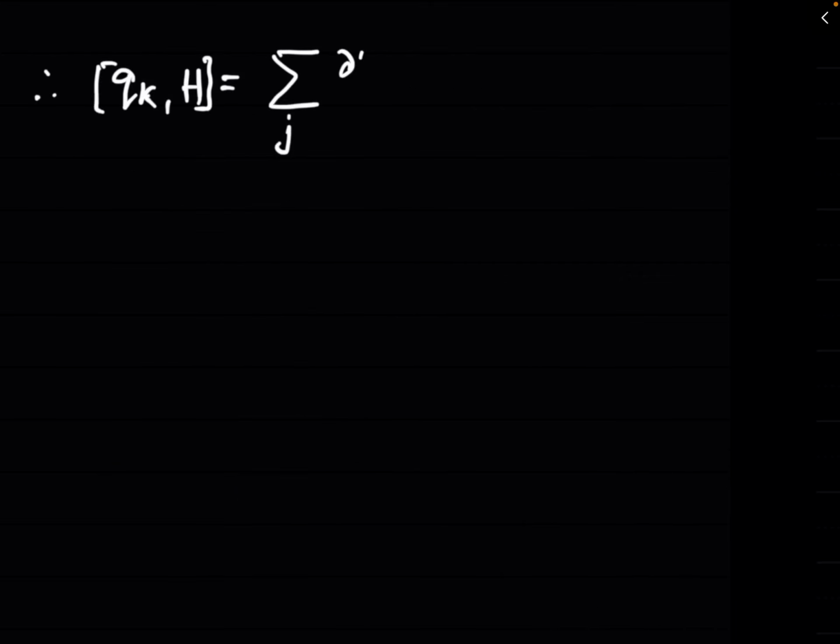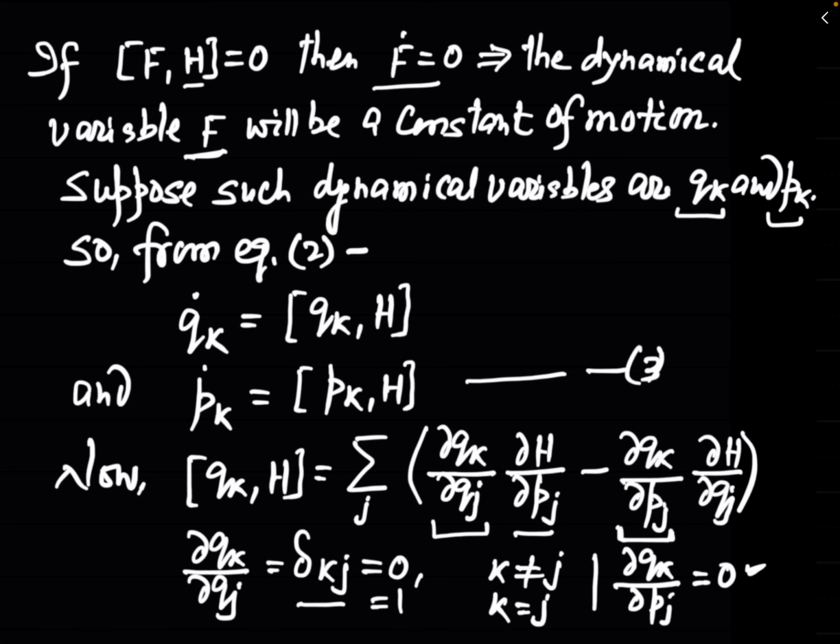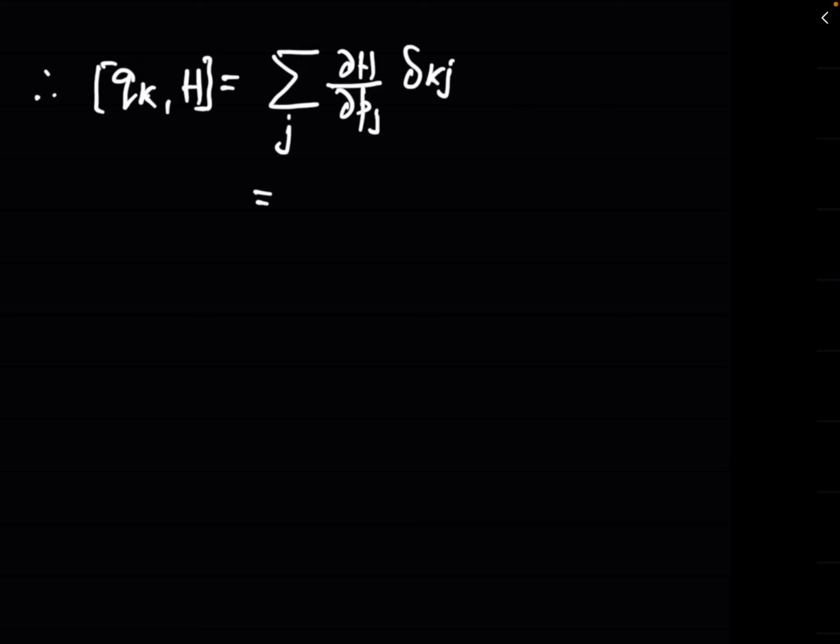And as you have seen here, this delta Kj will be equal to 1 when K is equal to J. So taking K equal to J, this Kronecker delta will now be 1.